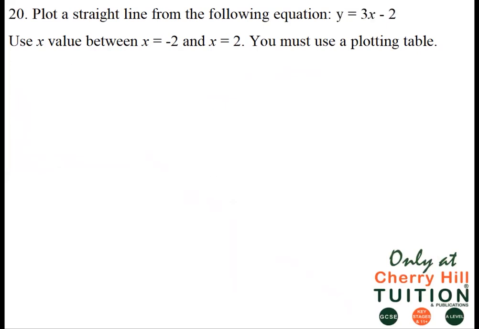Question 20, plot a straight line from the following equation, y is equal to 3x minus 2. So in this case, we are lucky because our equation is already in Cartesian form, which means one less step for us. We just need to find our values.